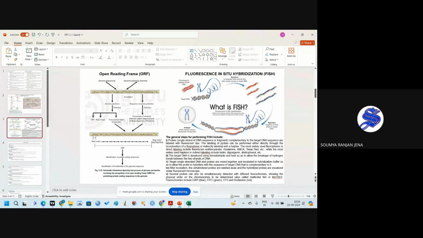The labeling of probes can be performed either directly through the incorporation of a fluorophore, or indirectly by labeling with a hapten, which is conjugated with a fluorophore tag.